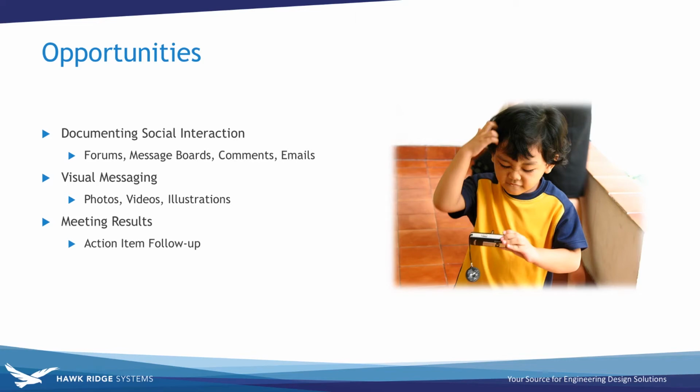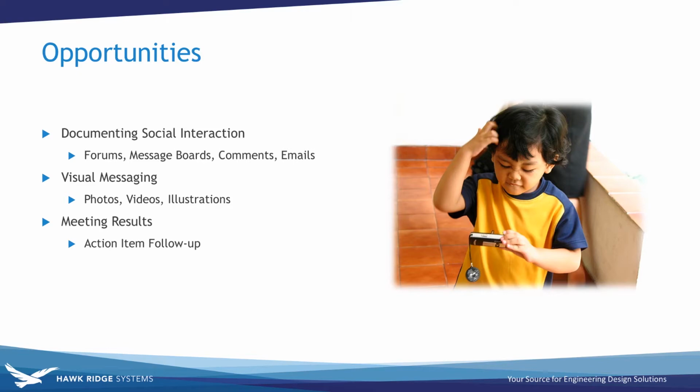So the opportunities that we have to improve upon what PDM has are things like social interactions. I don't want to use the term social media necessarily, because it's not necessarily a great business application, but the concept there is meaningful, right? We use forums and message boards. We might use intranet sites. A lot of times we correspond through email.